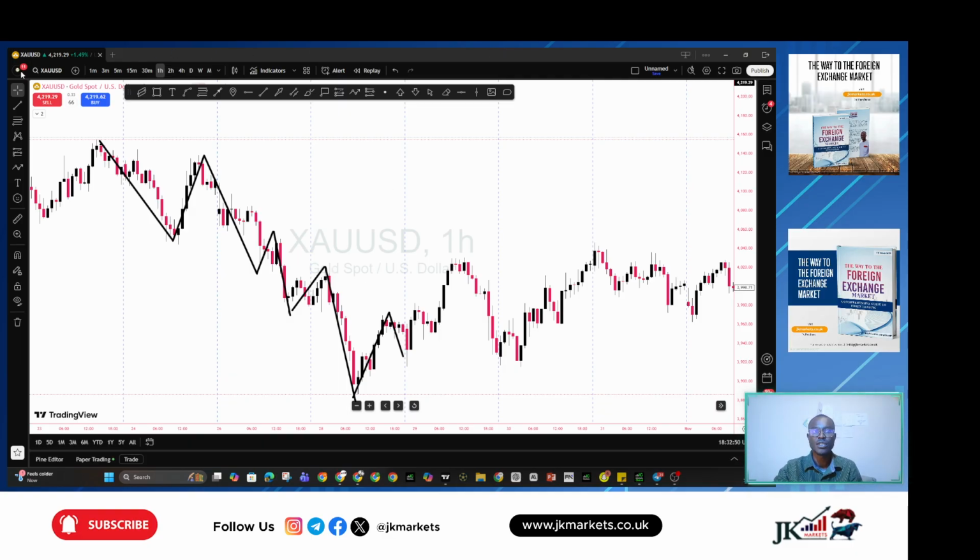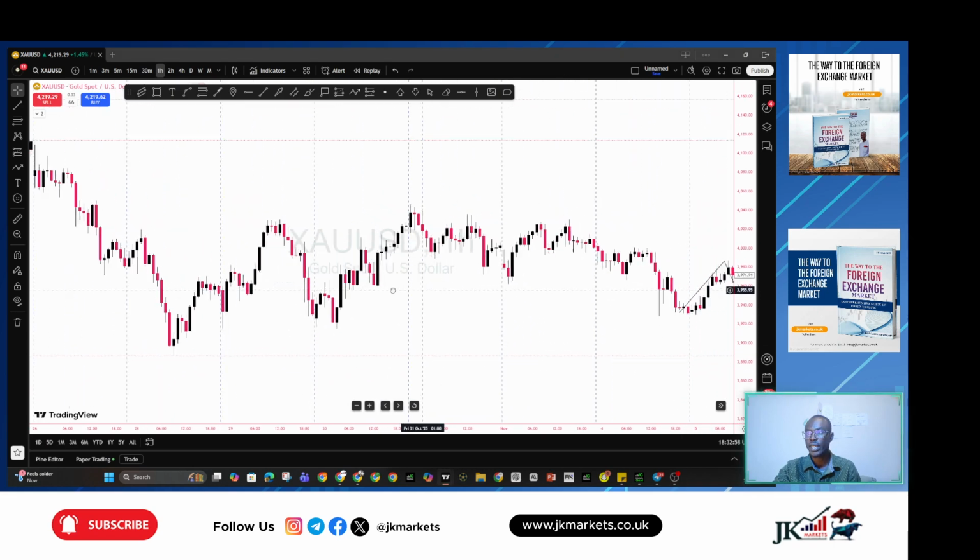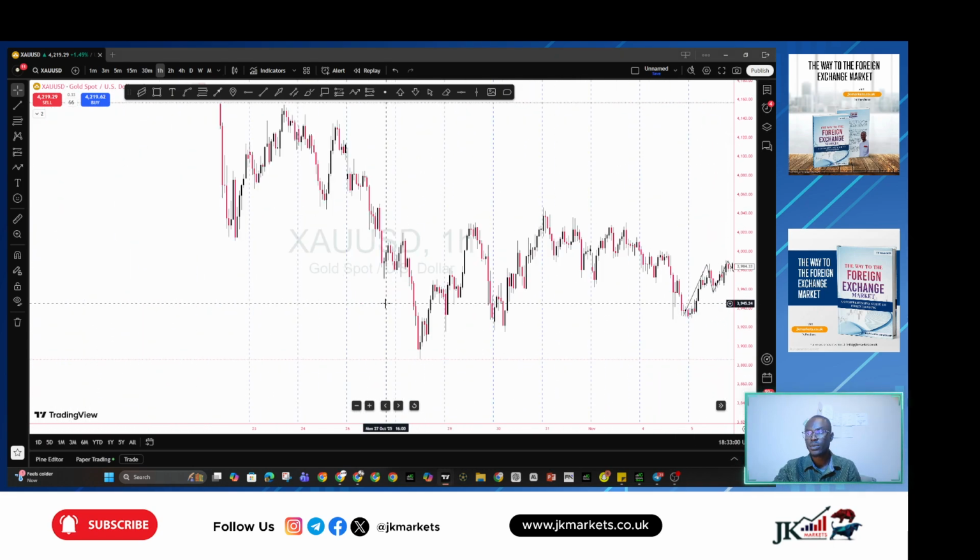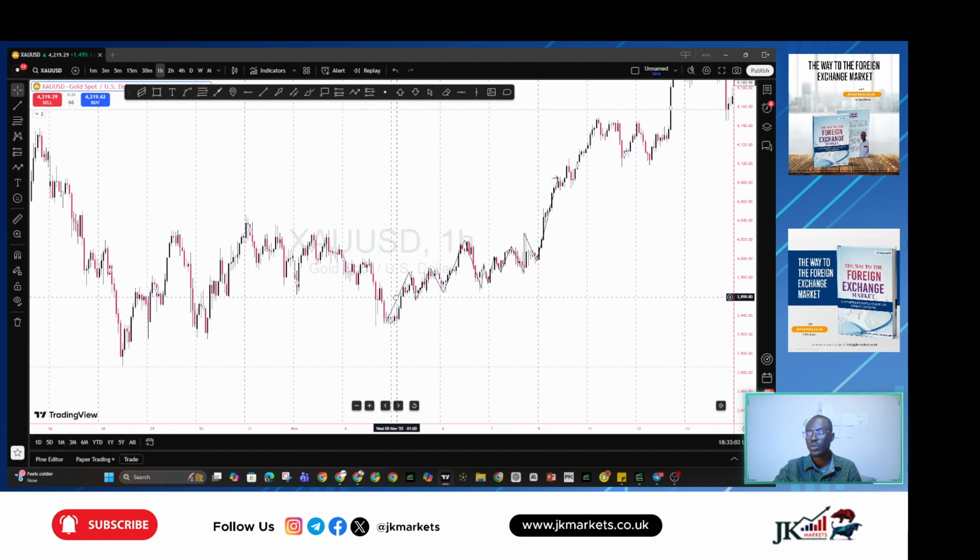I would leave you to do that. Identify it, post it in the group, and then we will assist you to see whether what you've done is actually correct or not. Identify support and resistance as well, which is crucial and critical. So today we've looked at how to identify support and resistance.